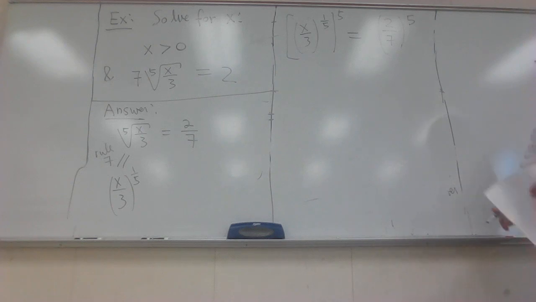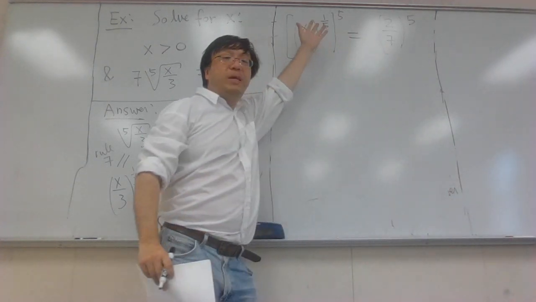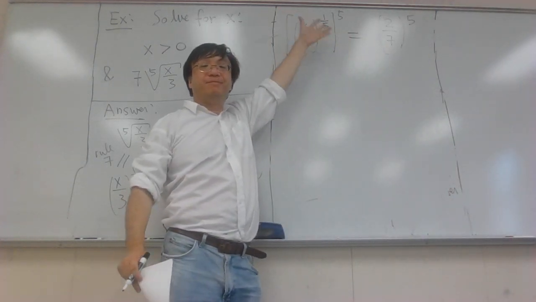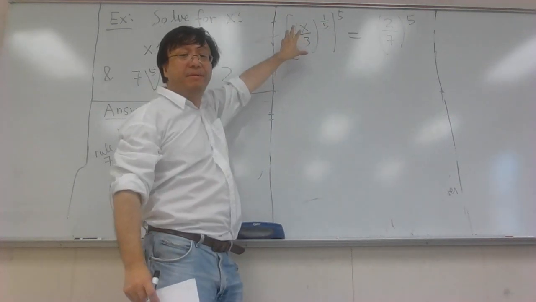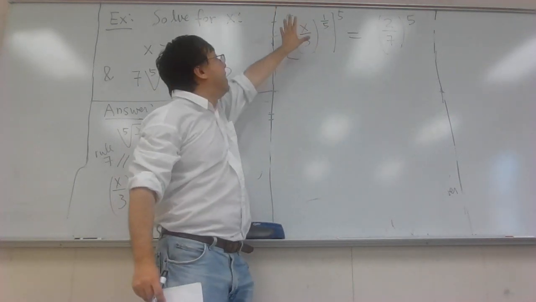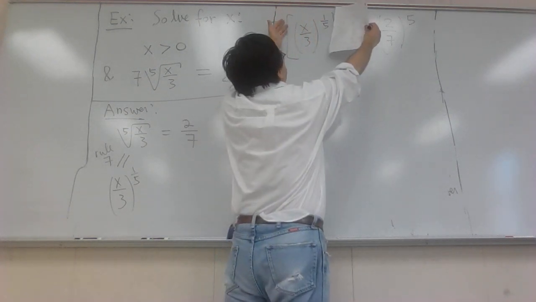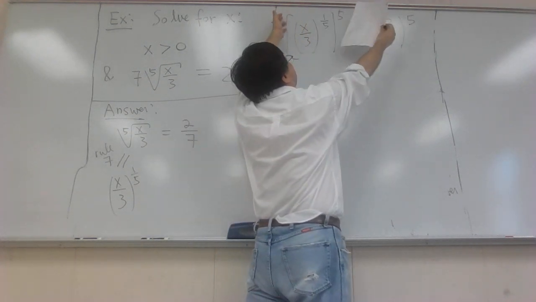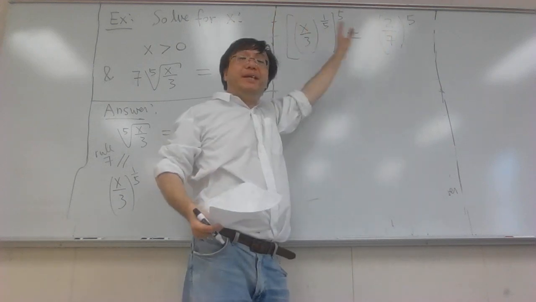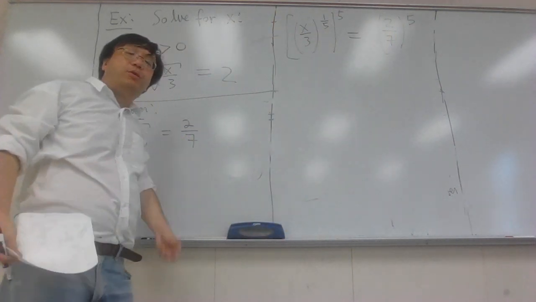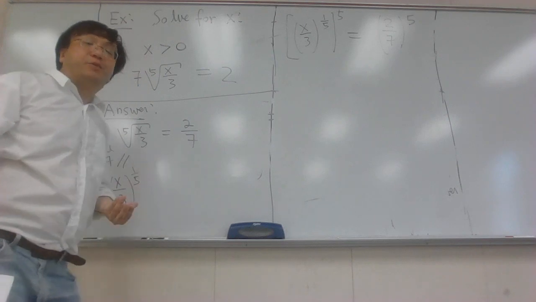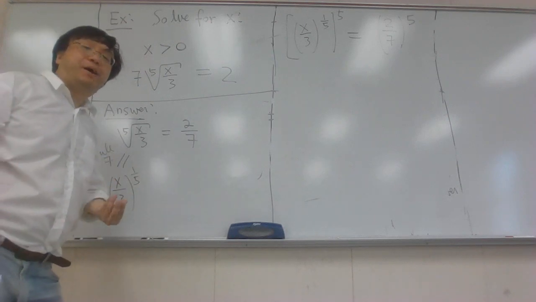Over here we have a repeated exponentiation. It's x divided by 3, and we exponentiate by taking it to the power of 1/5, and we exponentiate again by taking it to the power of 5. Remember the rule: repeated exponentiation is the same as multiplying the powers together.